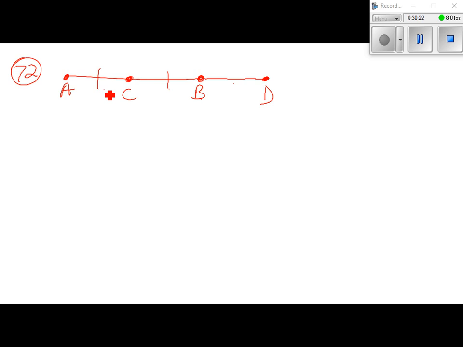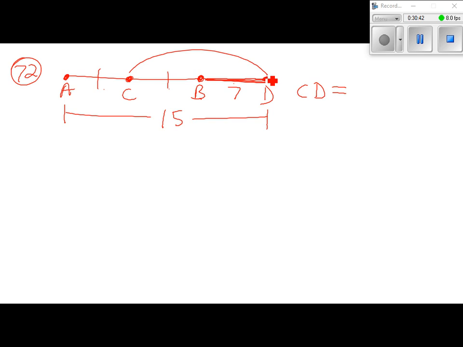If segment AD, from here all the way down, is 15, and segment BD, just from here to here, is 7, what is segment CD? So we're looking for the length of segment CD. Well, the whole thing is 15, and this part is 7, so we can do 15 minus 7.